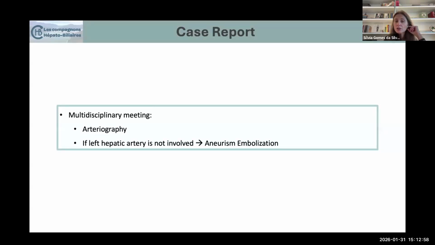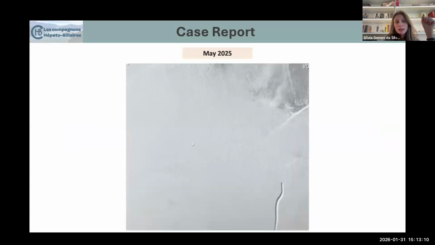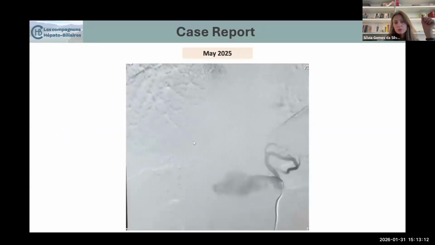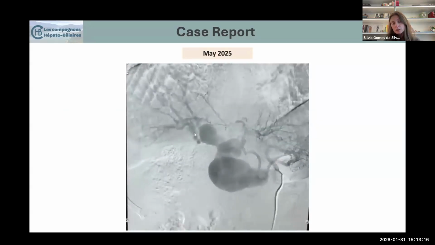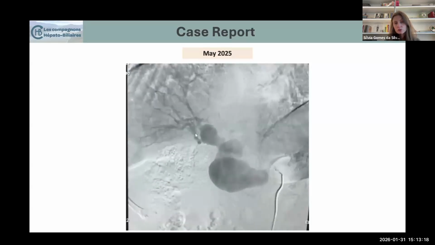And if the left artery is not involved, try to embolize the aneurysm and hope that we have arterialization from this left artery. So we did that. We performed the arteriography. Here you can see the aneurysm arteriography by the celiac trunk.